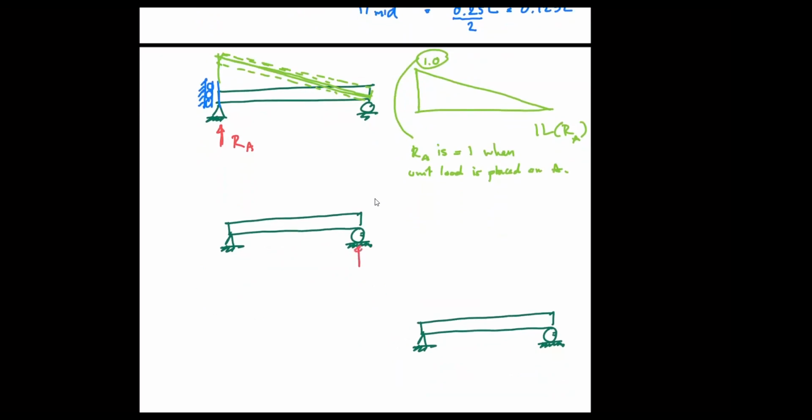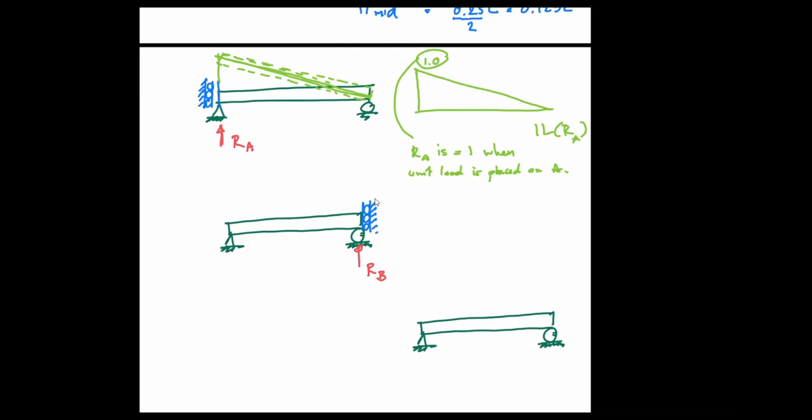So now RB. When I allow RB freedom to move freely, again, it's just like I add the roller here, because RB prevents your vertical displacement. So when I want to move RB freely, I must remove the vertical restraint.